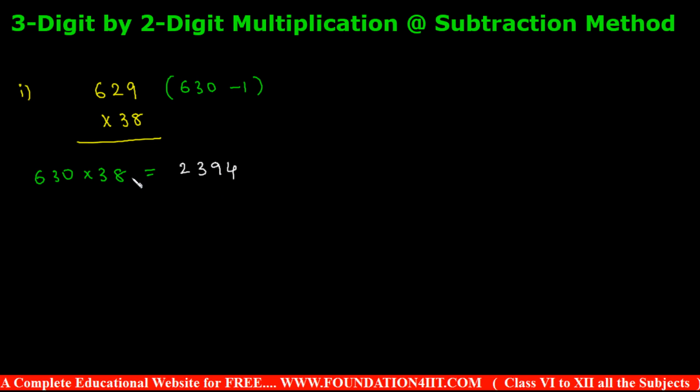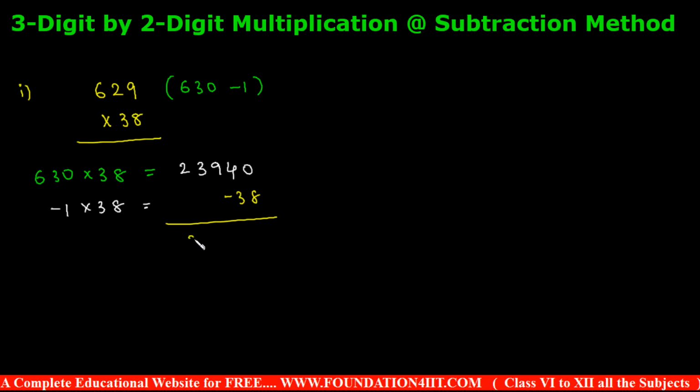I am not teaching that concept again. 2 digit by 2 digit multiplication you already learned previously. So 2394 and just a 0. Because it's minus 1, that is minus 1 into 38, that is just minus 38. Plus and minus, so minus it is.